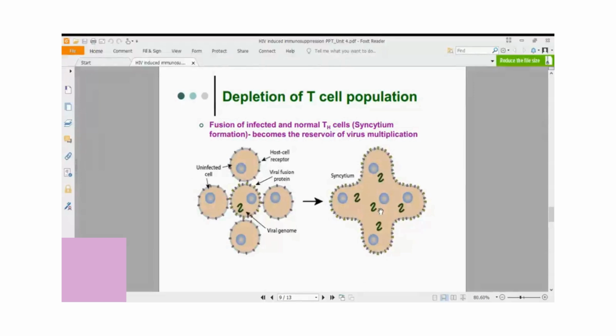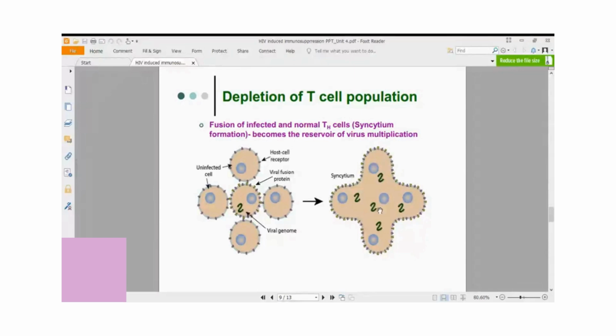Now, such a giant TH cell will become the reservoir for the virus to multiply. And that TH cell, which fused and formed a syncytium, will never be able to perform any immune function. It will never be able to produce any cytokines.